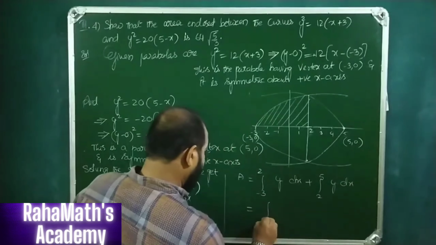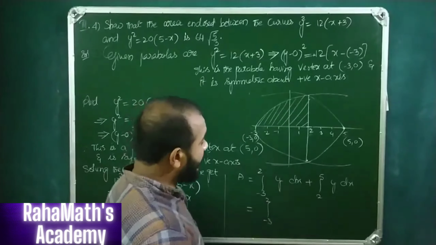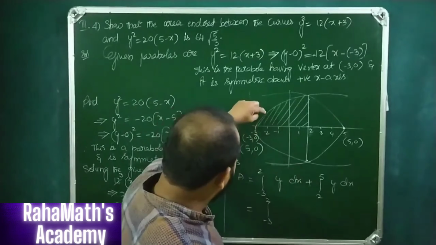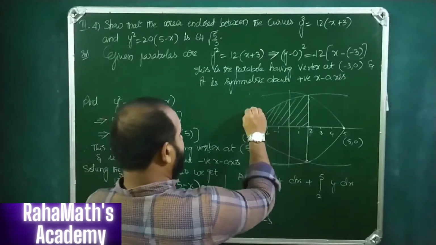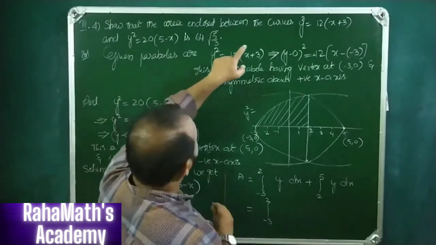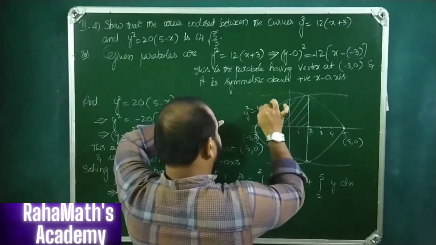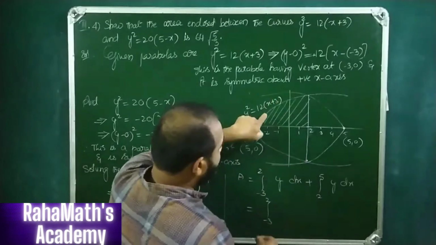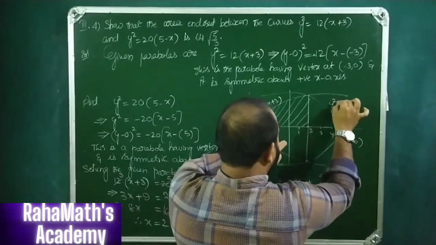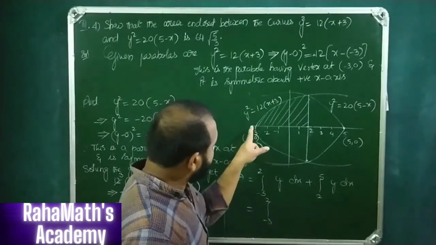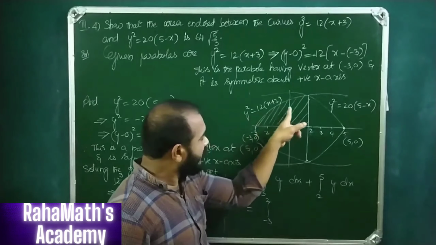Now from minus 3 to 2, which curve is this? This curve is y square equals 12 into x plus 3. And this curve is y square equals 20 into 5 minus x. So this parabola is y square equals 12 into x plus 3.